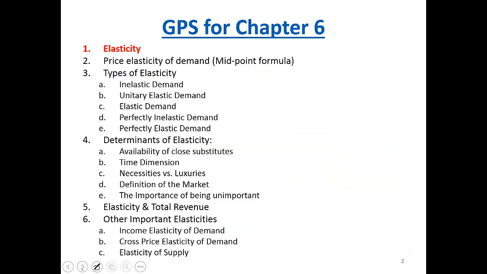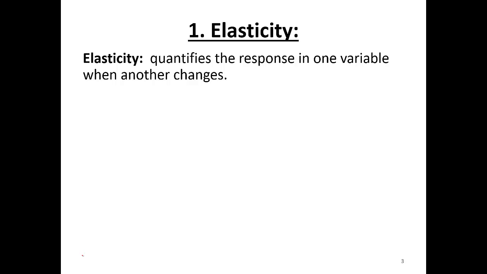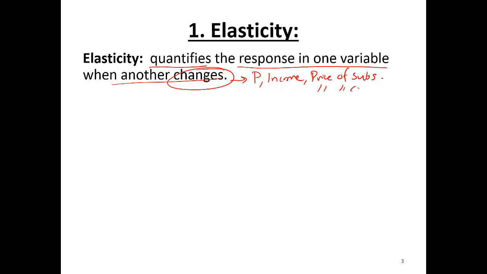In part 1, we're going to do the introduction to elasticity. The definition of elasticity is that it quantifies or measures the response in one variable when another changes. In most cases, the variable that changes initially is going to be price, income, price of substitutes or price of complements.